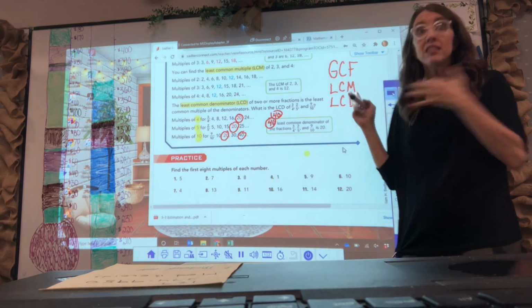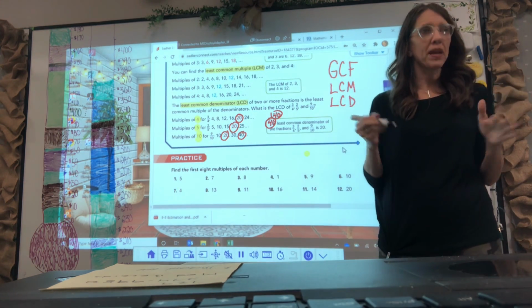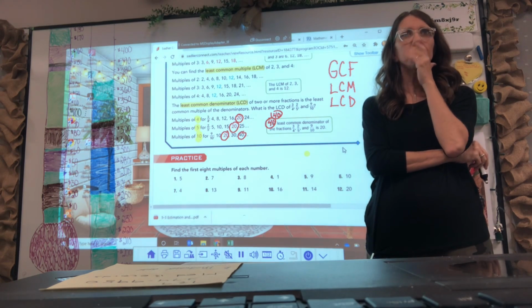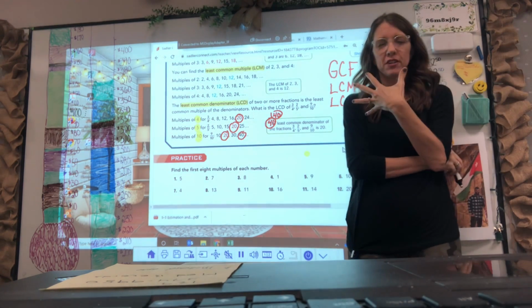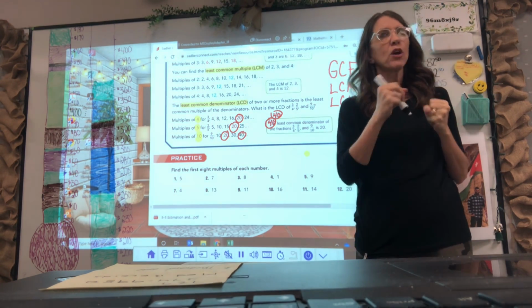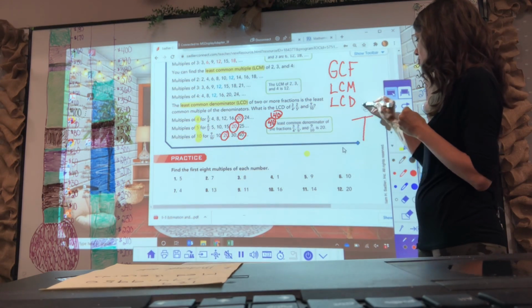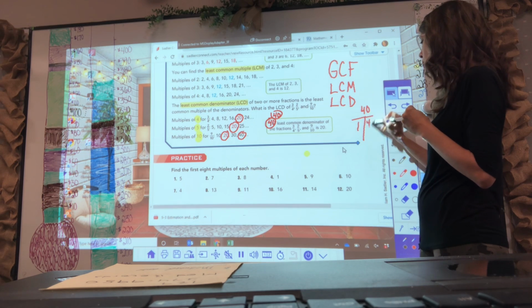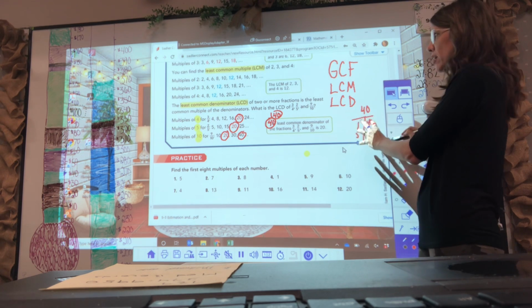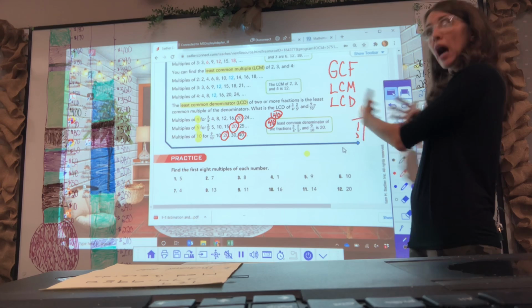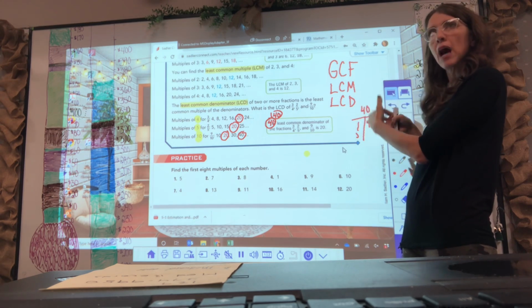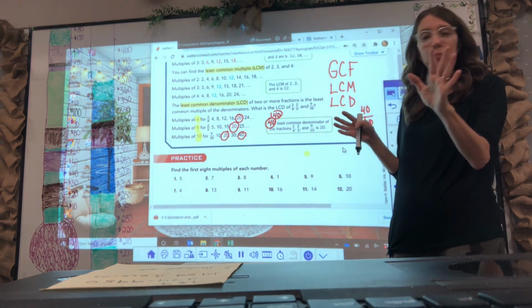Okay, so some things that you will find in your instructions: the greatest common factor. And this is even, for me, sometimes I have to stop and think. You've got greatest common factor, least common multiple, and least common denominator. These are things that you need to be able to look at and say, okay, let me think here. Greatest common factor. We break down the factors and we go lower. So when I list factors, I do it this way. Factors of 40: 1, 40, 2, 20, etc. And I'm going to find a common factor, and then I'm going to find the greatest common factor between two numbers.